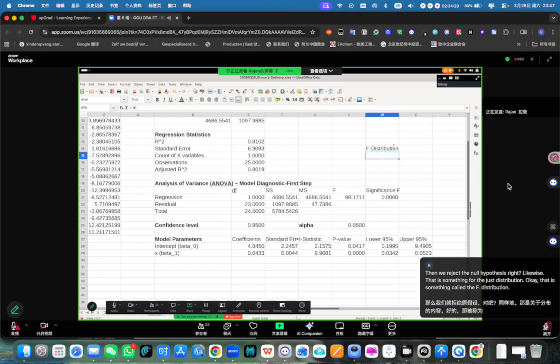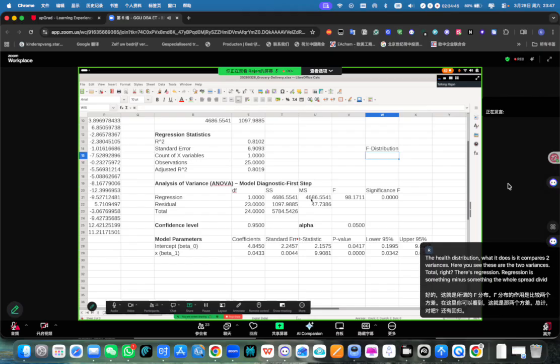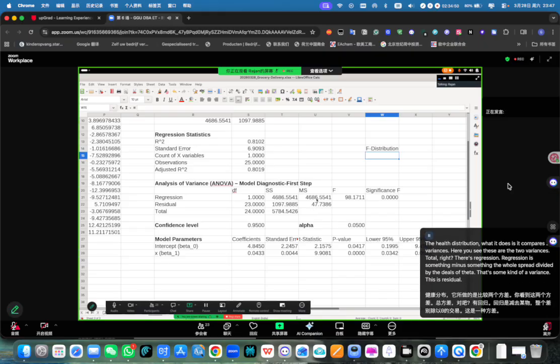The F distribution compares two variances. Here you see these are the two variances, right? The regression is something minus something, the whole square, divided by the degrees of freedom. That's some kind of a variance. This is residual. Again, this is some kind of variance, right? So we compare the two variances.